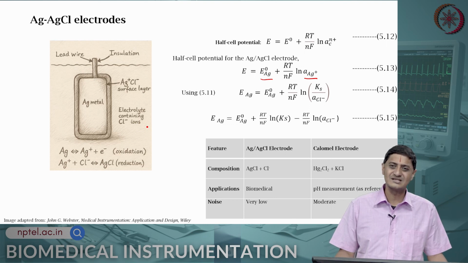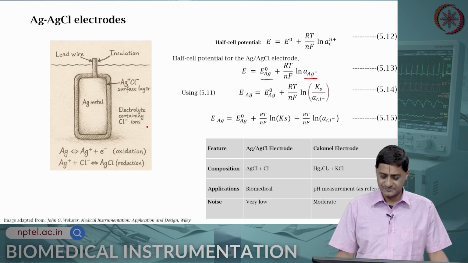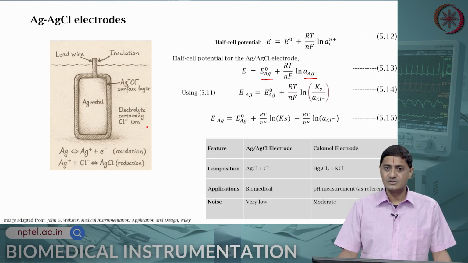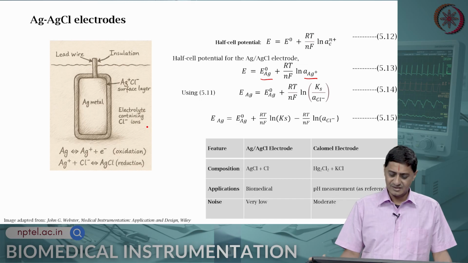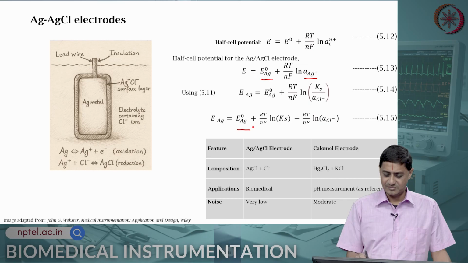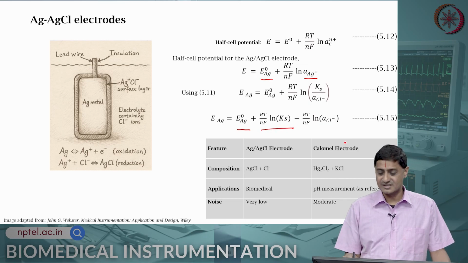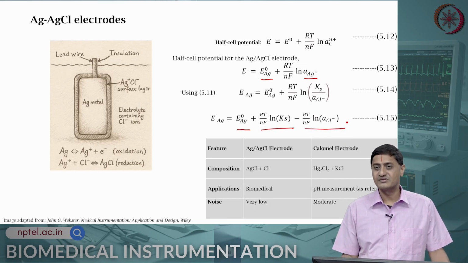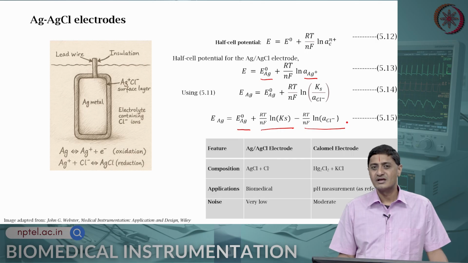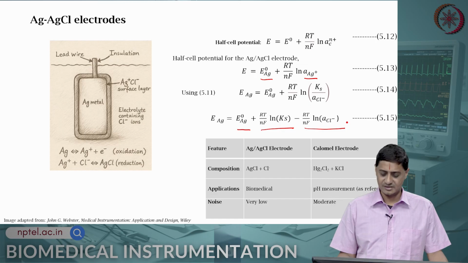So, essentially this solubility product is a limiting factor in my design. So, then I will end up with E naught of Ag plus RT by nF times ln Ks, minus RT by nF times ln of the activity of the chloride ions.